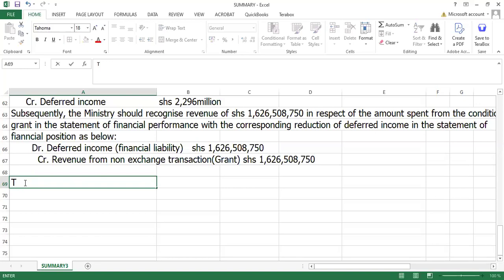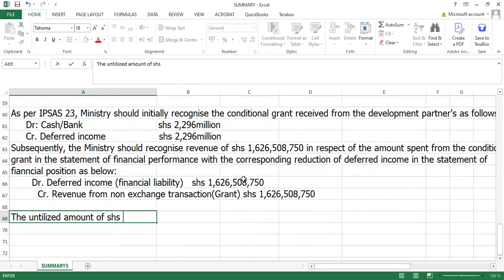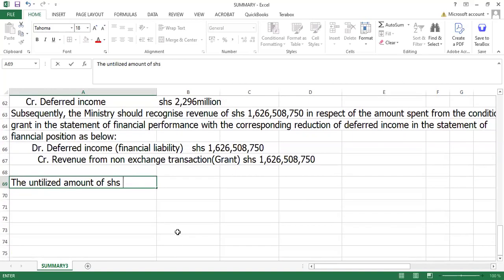We can say the unutilized amount of how many shillings? You do the computation: what we received minus this. That is 669,491,250. So you tell the examiner how you're getting it.